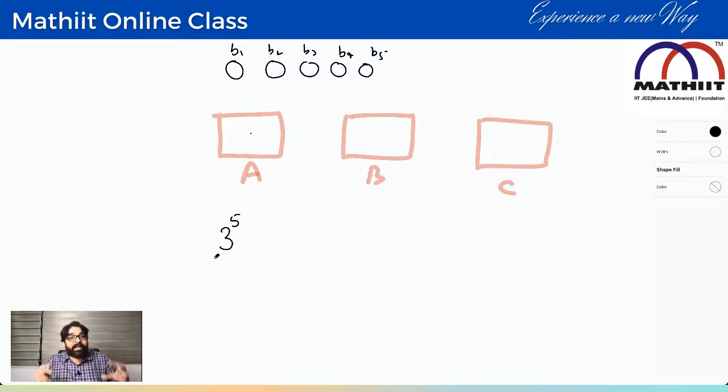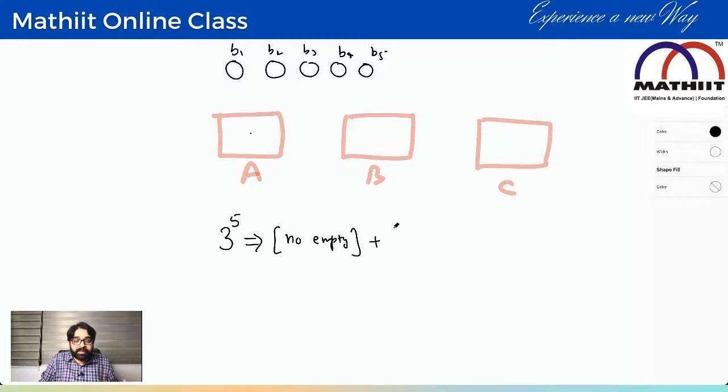In this, those cases are also included when no box is empty, when 1 box is empty, and when 2 boxes are empty. Yes or no? 100% sure all boxes cannot be empty.